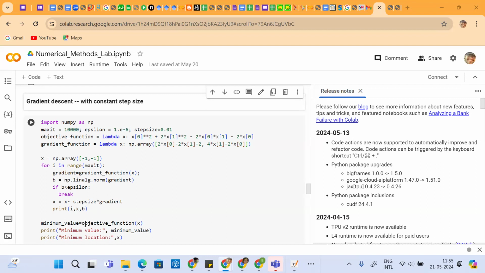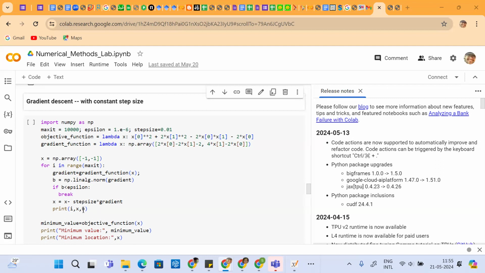Then the minimum value I am evaluating at that value, because this is the value at which my function will be minimum. That's the hope, and due to that hope we are iterating. So if you found the x value using gradient descent, to find the minimum you evaluate the function at that x. That's what we are doing here: you pass that x value to the objective function and it evaluates.